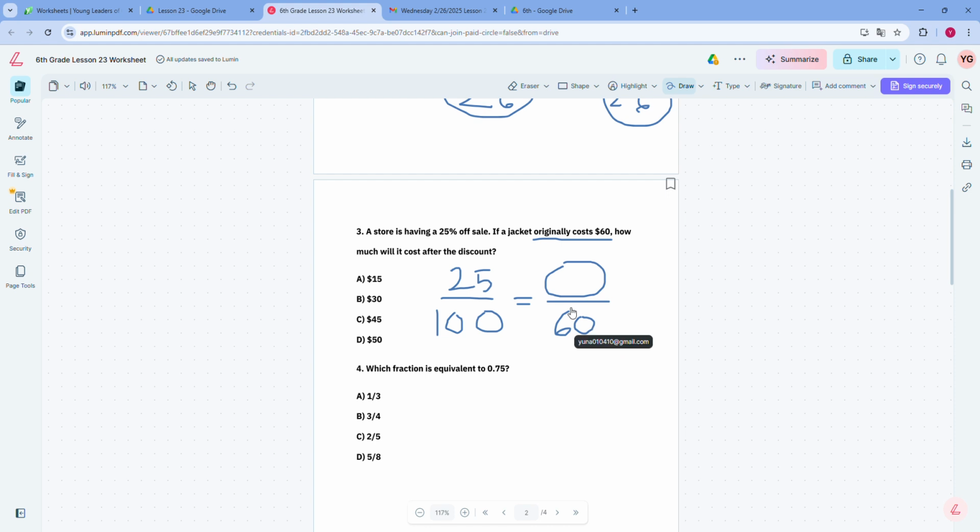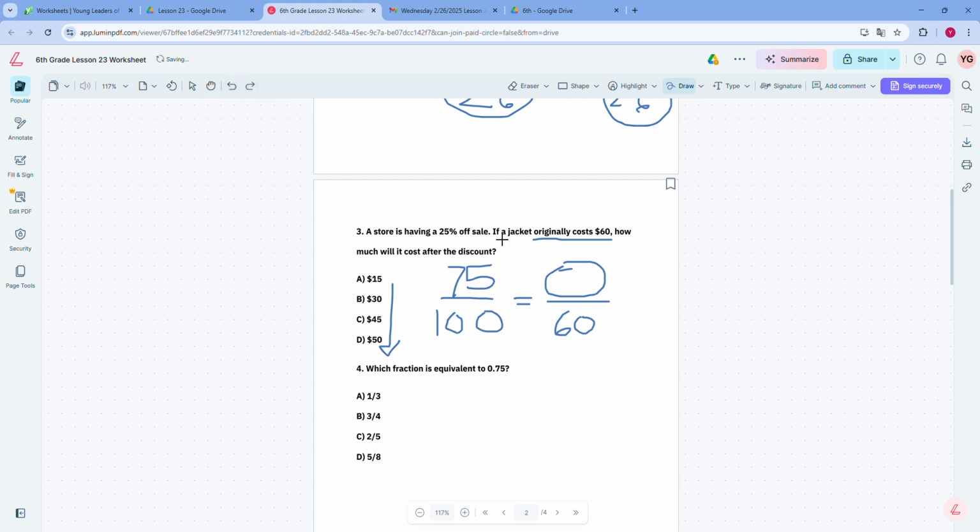But you can actually make this easier by, instead of doing 25, doing 75. Because by finding 75% of 60, you're just going to find your answer right away. But if you found 25%, that would just be the sale part, so you would have to do 60 minus 25% of 60.